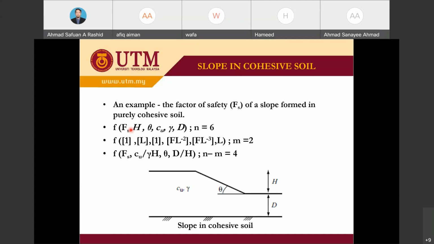So it is not considered as a primary dimension. That's why it is equal to 1. Then we have H. H is considered as a geometry, so it only has L here. Theta is related to degrees, so it doesn't have any units and we also consider it as 1. And then we have Cu, the undrained shear strength.